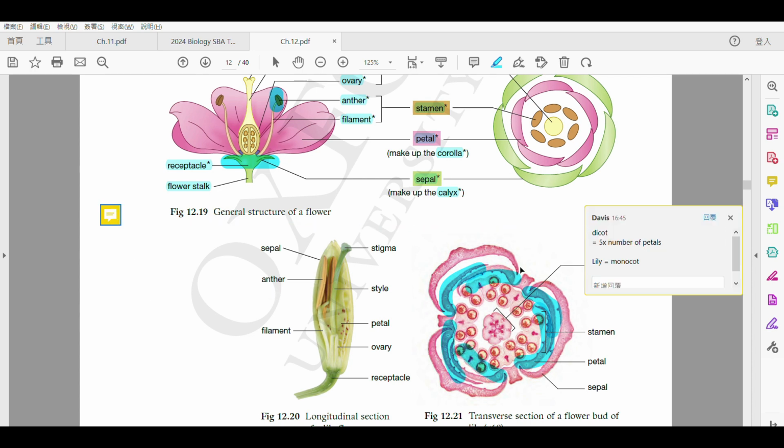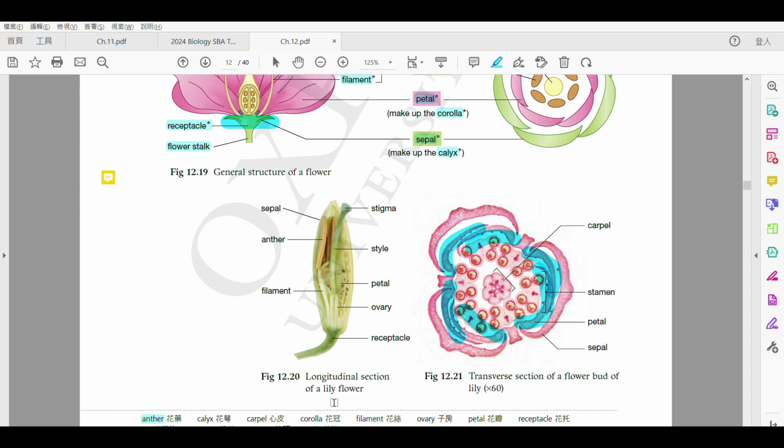So usually for monocots, we will have 3 times the number of petals. So this is one of the ways to think if it is a dicot or a monocot. So in this diagram, you can see 6 petals in total.